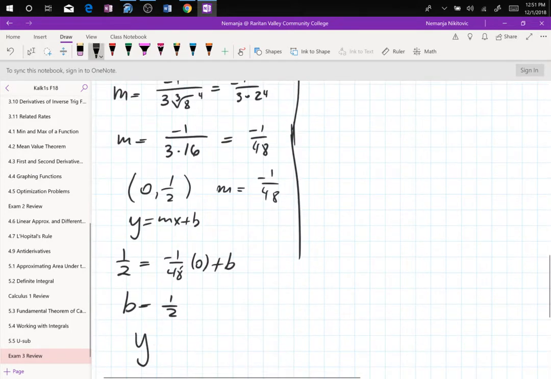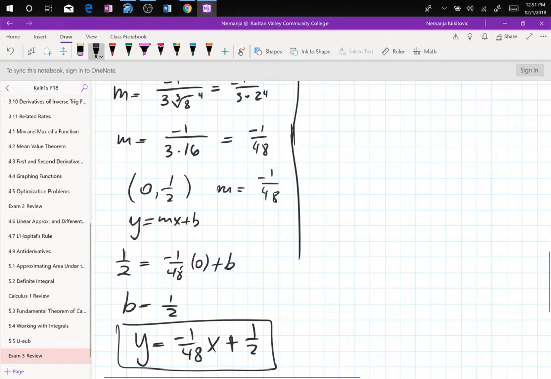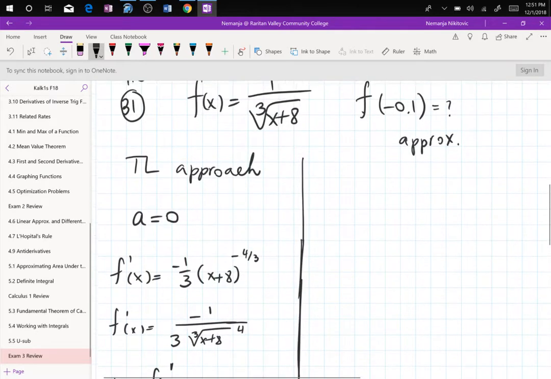So y equals negative 1 over 48 x plus 1/2. So if all calculations went well, I should be able to do this now with the linearization formula and get the same result.